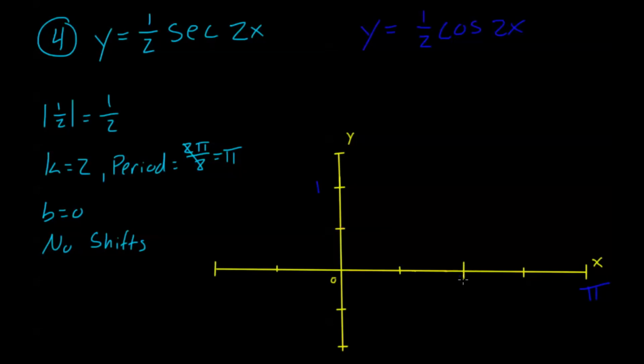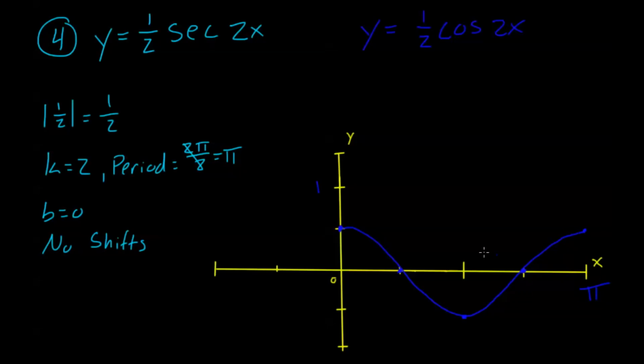So this is going to be pi over 2 here. I know that my cosine is going to start up at 1/2. It's going to bottom out at negative 1/2 in the middle, and it's going to peak out at 1/2 at the end. And it crosses the horizontal axis at the 1/4 and the 3/4 point, right? This is my graph 1/2 cosine of 2x.